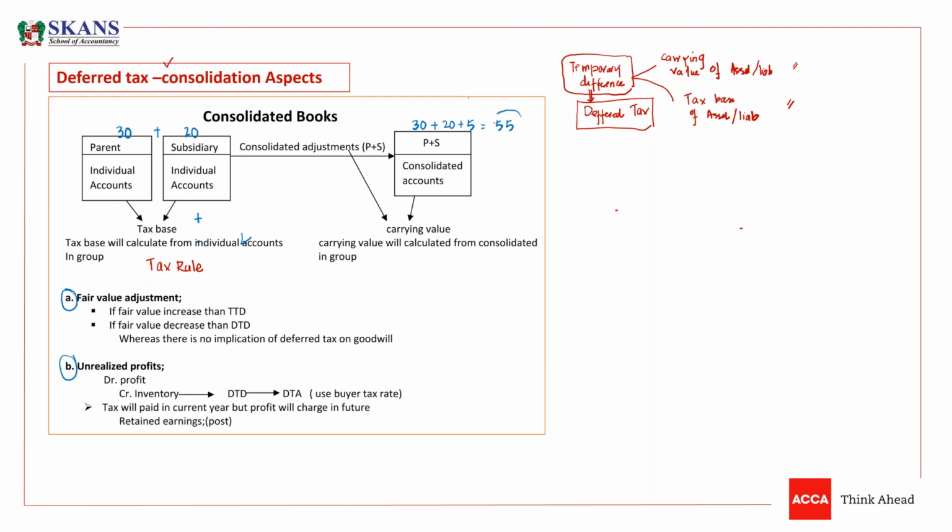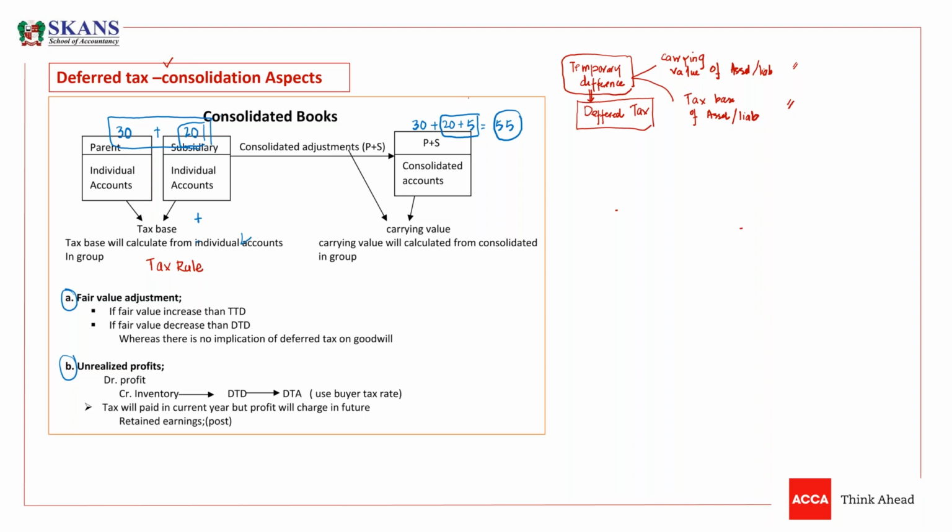So look, carrying value is 55, or you can say 25 of subsidiary, and the tax base is 20. So there is a difference of 5. If you want to do it in total, this is 50 and this is 55. Obviously, there is a difference of 5. So subsidiary's land which was written at 20 in individual books, we are now saying that it should be written at 25.